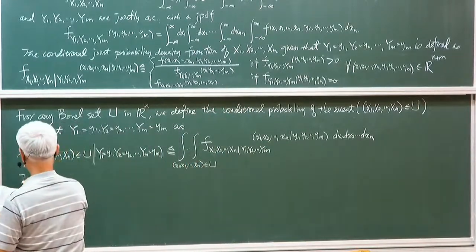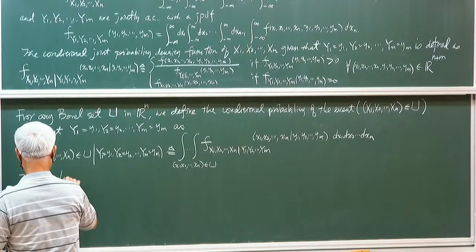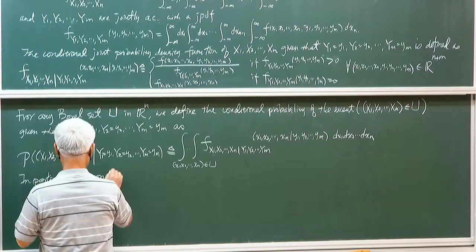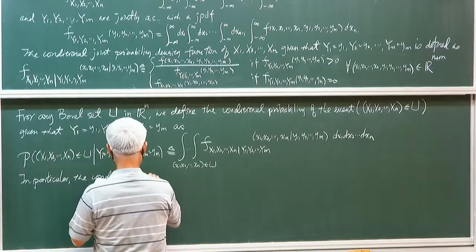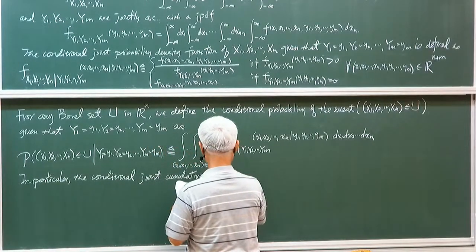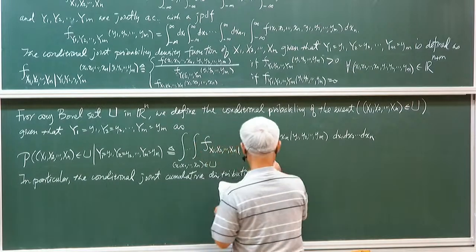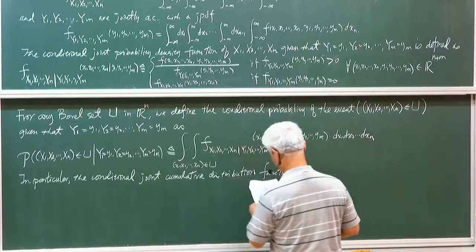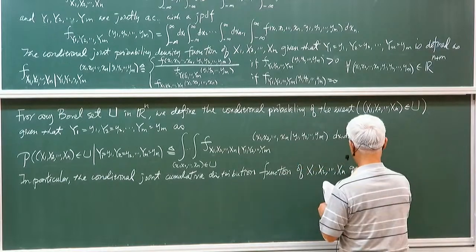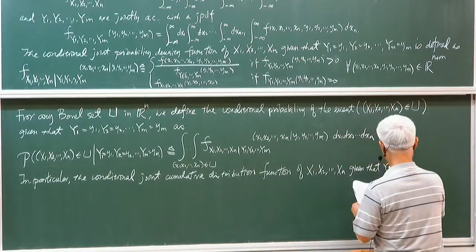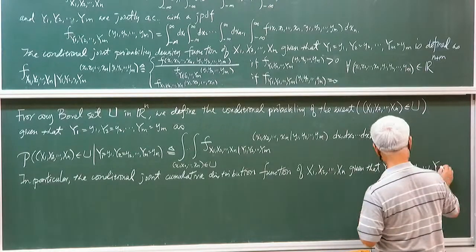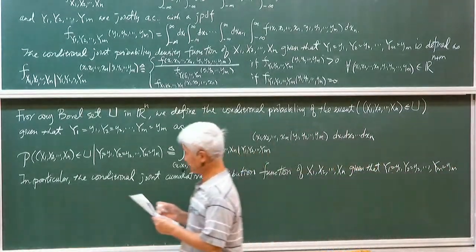In particular, the conditional joint cumulative distribution function of the x random variables given that the y random variables have specific values is defined as here.